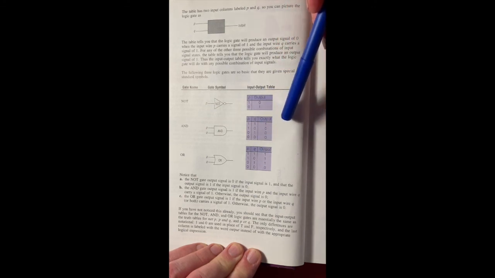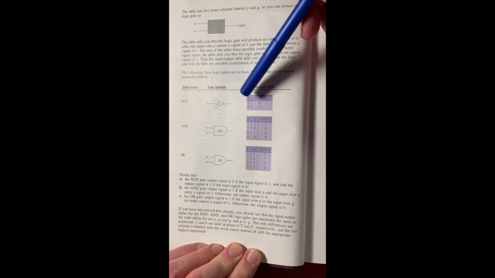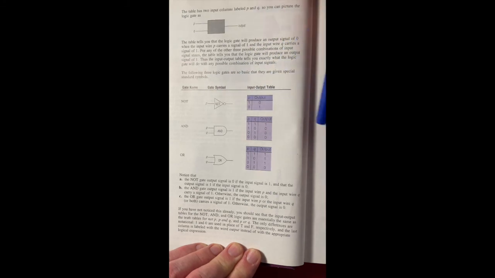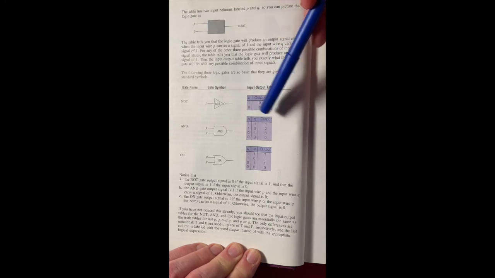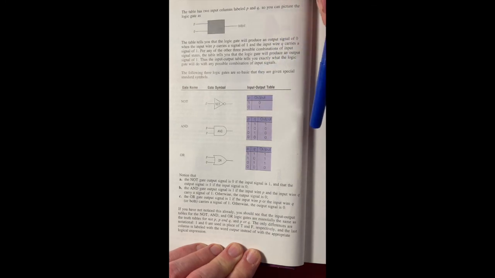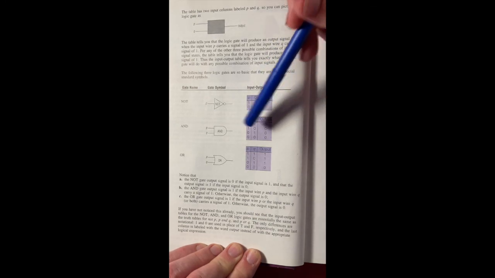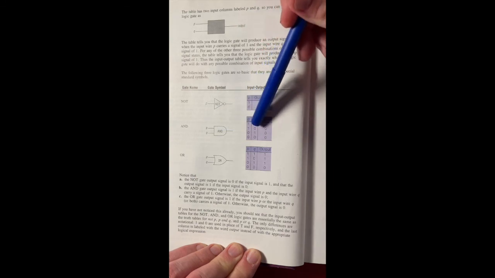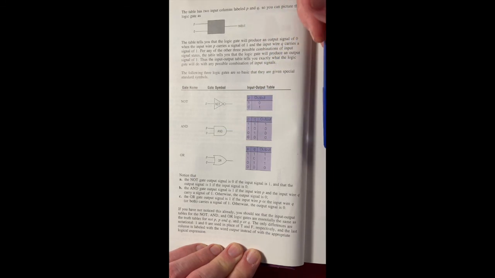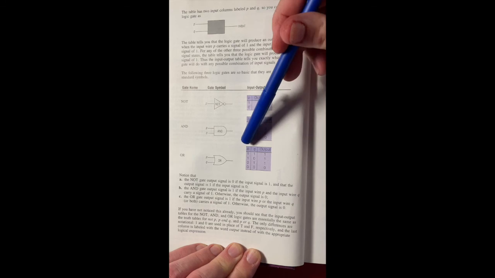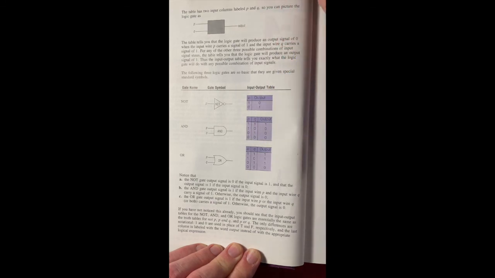And again, this is something that should be familiar to you. If the input is 1, the output of a NOT gate is 0, right? And if the input is 0, the output of a NOT gate is 1. And if they're both 1, then the output of the AND gate is 1. But if they're not both 1, then the output is not 1.